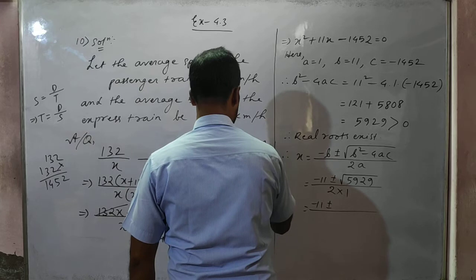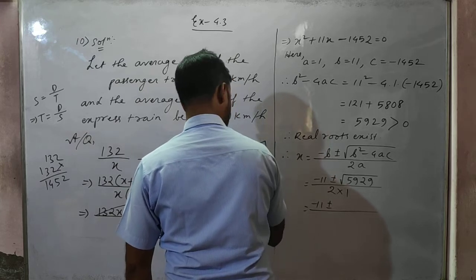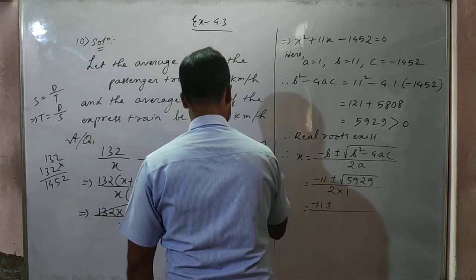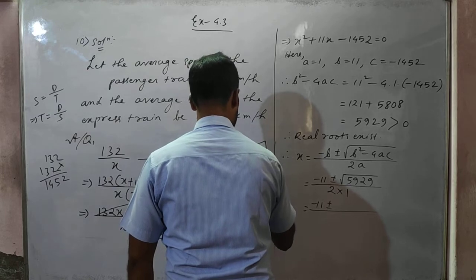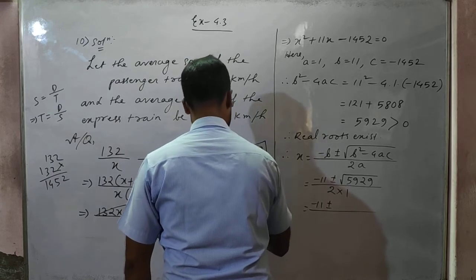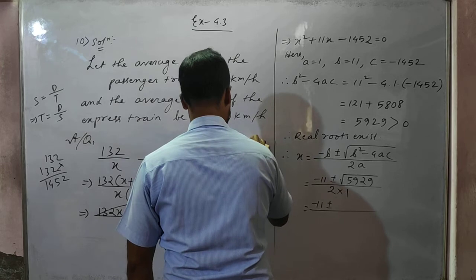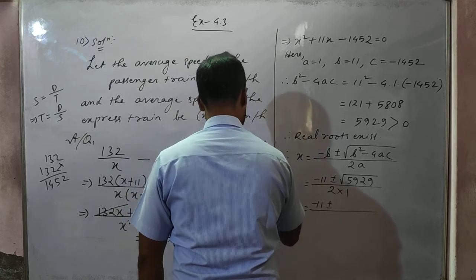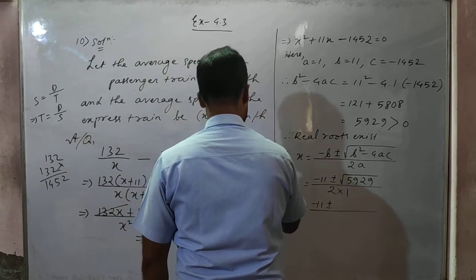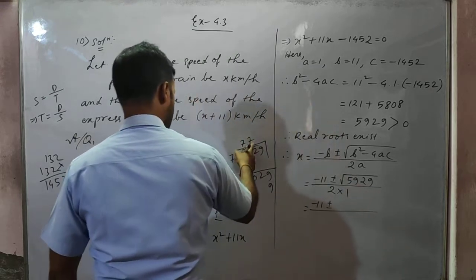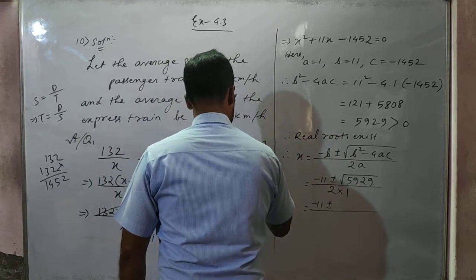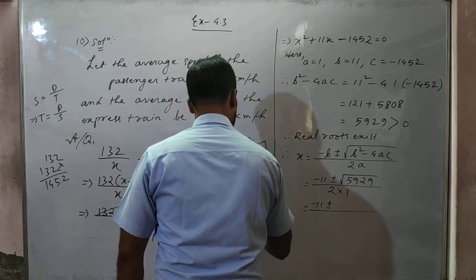The square root of 5929. So 7 7s are 49, 7 2s are 14, 7 7 7 are 49. Okay, 7 7 7 are 49.